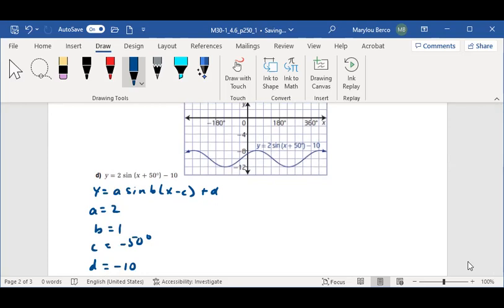So the phase shift is 50 degrees to the left, and vertical displacement is 10 units down.